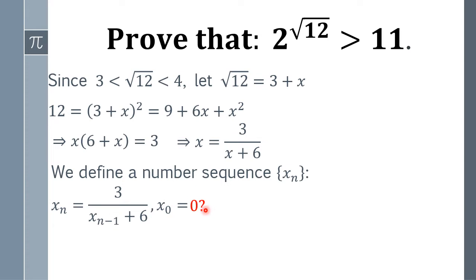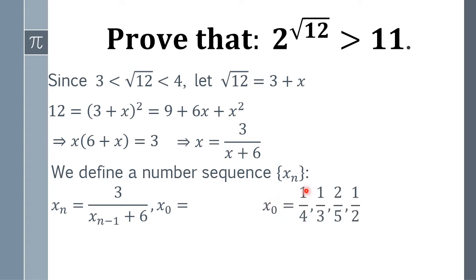Of course, we can choose 0 as a starting point. However, we need to consider that square root of 12 is not that close to 3. So, if we choose 0 as a starting point, we might need to go through a few more steps to get a good approximate number. Instead, we can choose other values as a starting point.